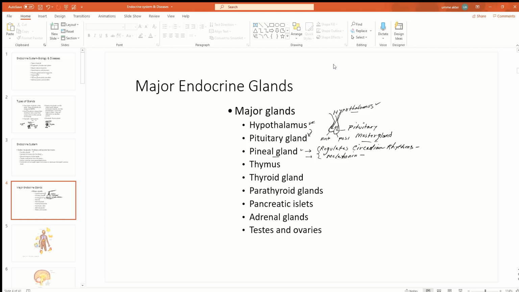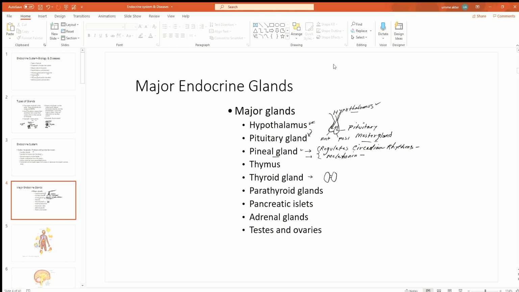Then, if you go down, in front of the lower part of the neck, you have a thyroid gland, just in the lower part of the neck. And thyroid gland looks like this: two lobes connected by an isthmus.